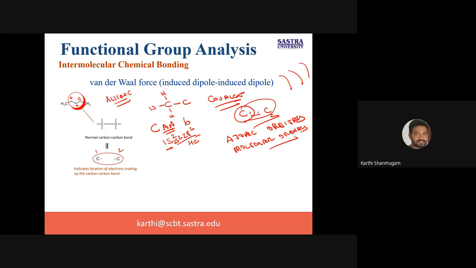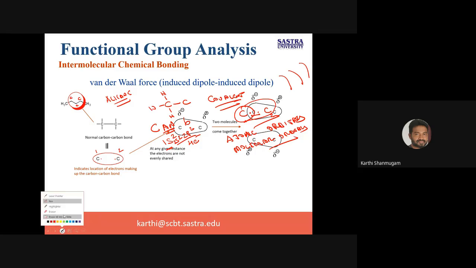But because of the movement of the electrons, sometimes the electronic cloud on one atom is more. Is it visible? Here you can see the difference: now the electronic cloud is not evenly distributed. It is uneven.